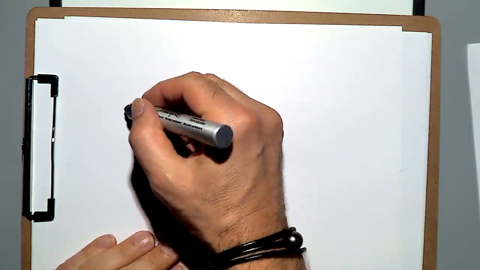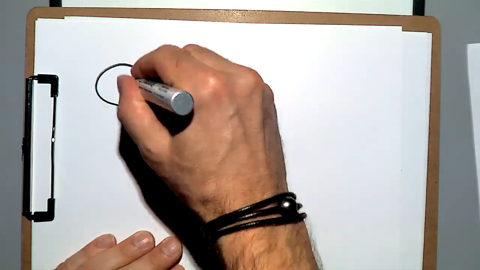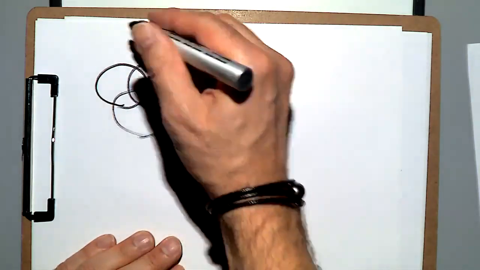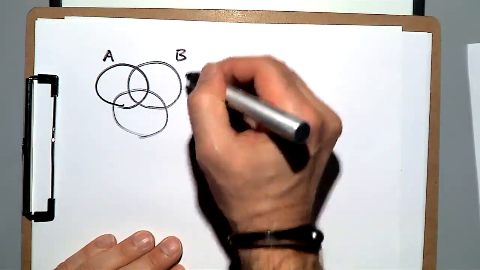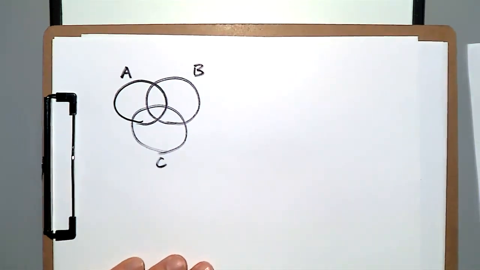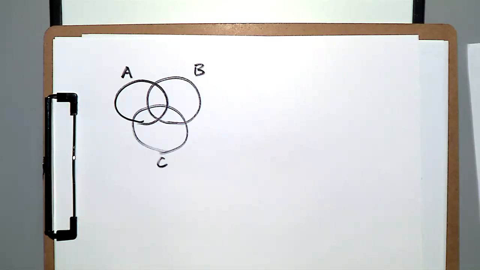And I'll just illustrate this with this particular example with the distribution. We've got 3 sets. Let this be A, B, and C. We want to verify that A union the intersection of B and C is the same as another expression. So let's first of all determine the intersection of B and C, as we have in this law here.